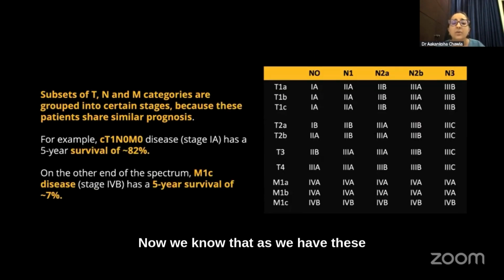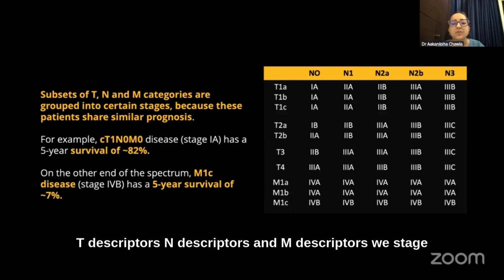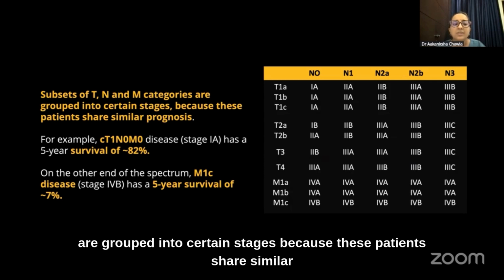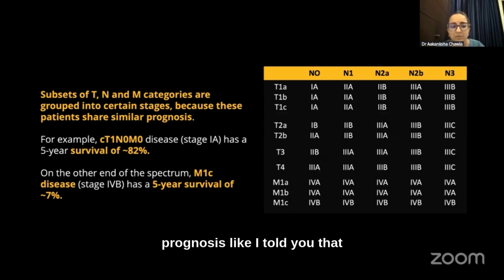Now we know that as we have these T descriptors, N descriptors, and M descriptors, we stage the disease from 1A to 4B. Subsets of the T, N, and M categories are grouped into certain stages because these patients share similar prognosis.